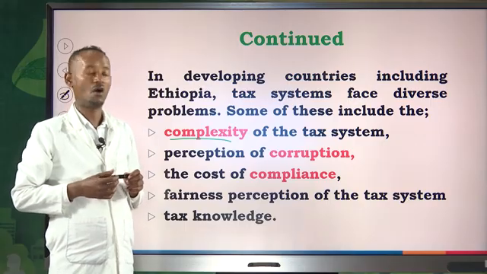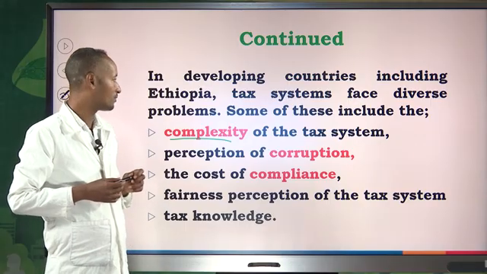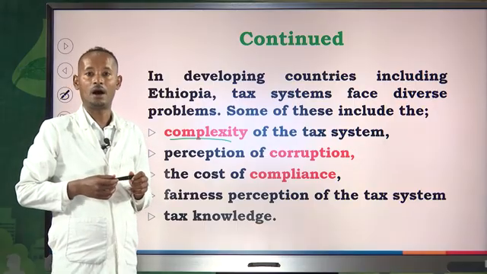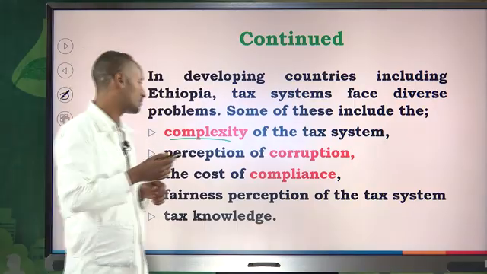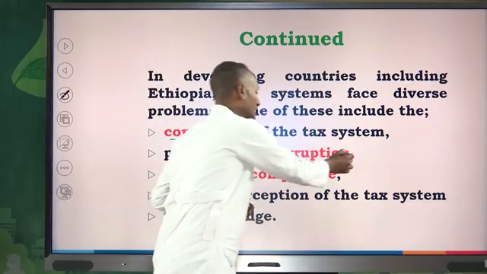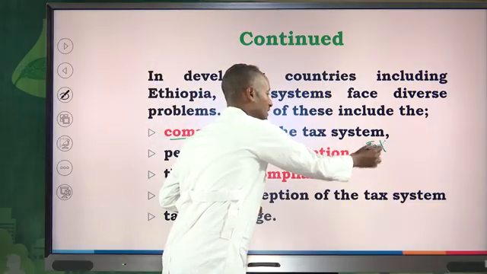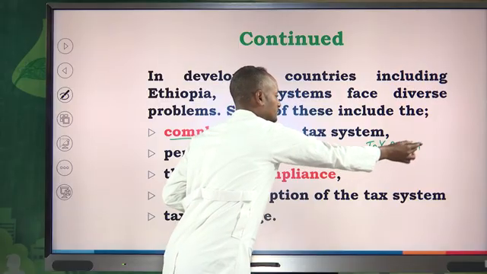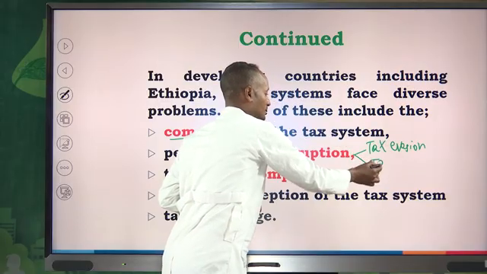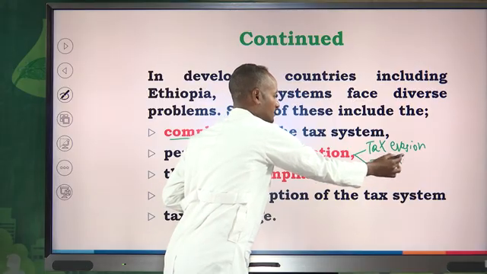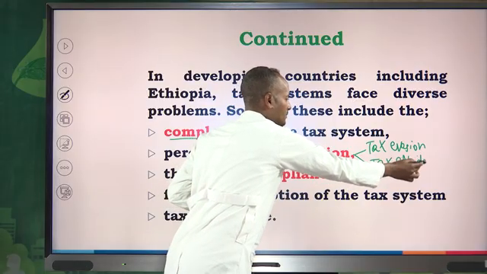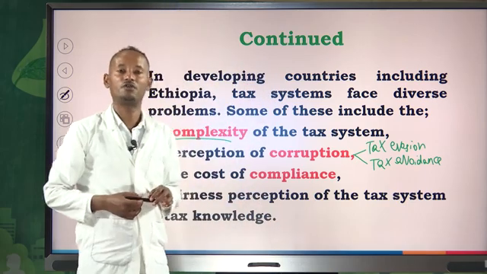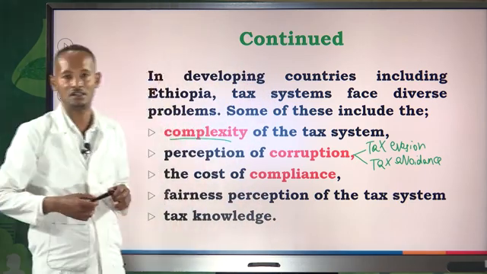And the perception of corruption is another problem of tax. Most tax systems are vulnerable to corruption due to tax evasion and tax avoidance. So, corruption is a headache, a problem of most developing countries' tax systems.